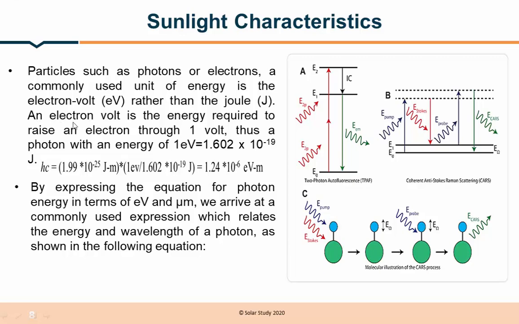How? An electron volt is the energy required to raise an electron by 1 volt. The required photon energy is 1.62 into 10 to the power of minus 19, or we can call it 1.6 also.